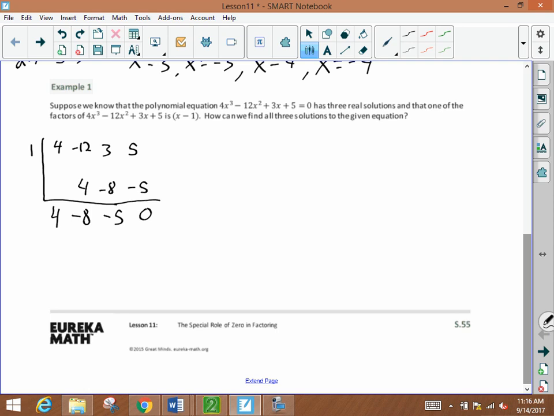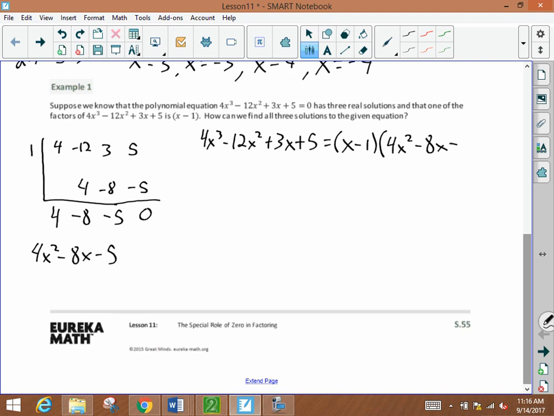So that means that when I divide that, I get 4x squared minus 8x minus 5. What does that mean? That means that I can write this in this way. I can say that 4x cubed minus 12x squared plus 3x plus 5 is equal to x minus 1 times 4x squared minus 8x minus 5.